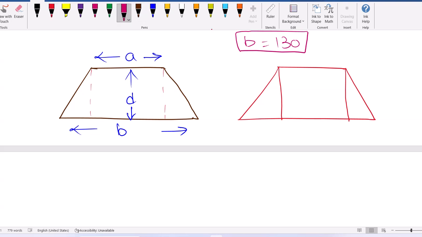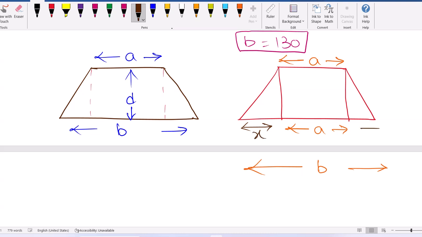The rectangle's side is equal to A, and the total base is B. One triangle's base is small x, the other's base is small y, and the height is D, the distance between the parallel sides.